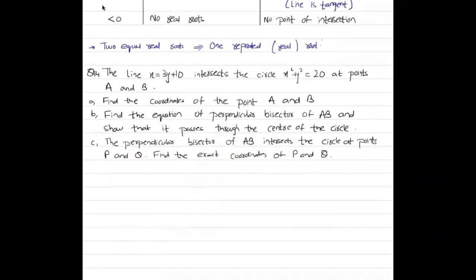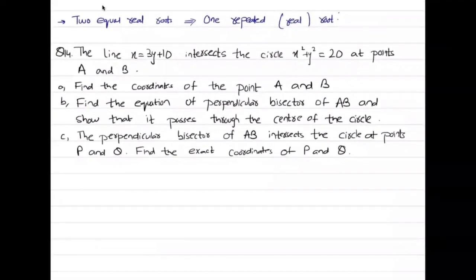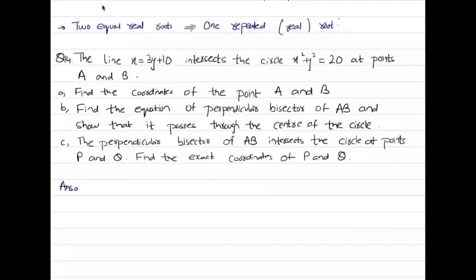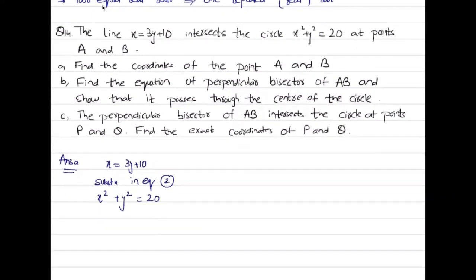So let's look at this example. The line x equals 3y plus 10 intersects the circle x squared plus y squared equals 20 at the points A and B. So to find the point of intersection, we are going to solve the equation simultaneously. If x is equal to 3y plus 10, then substitute x in equation 2, which is the circle equation, x squared plus y squared equals 20. In place of x, plug in 3y plus 10, the whole thing squared.